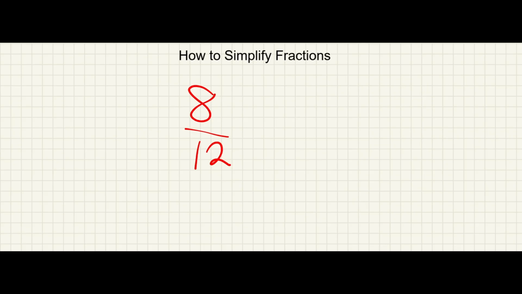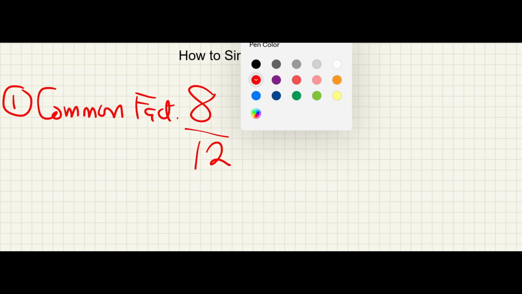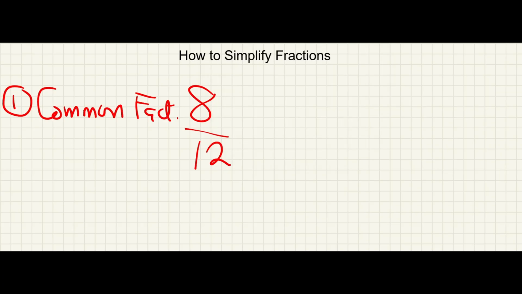The very first rule is to find a common factor of both 8 and 12, or of both the numerator and the denominator. When we look at this carefully, we can tell that a common factor of 8 and 12 is 2. So 2 times what gives us 8?